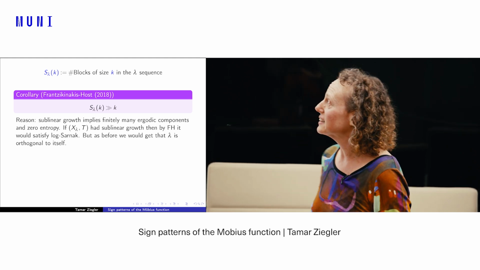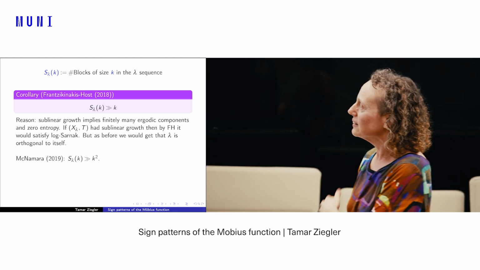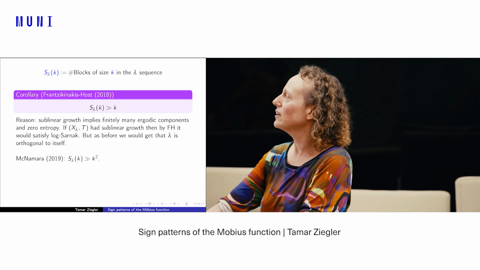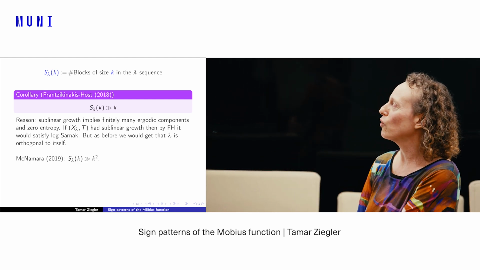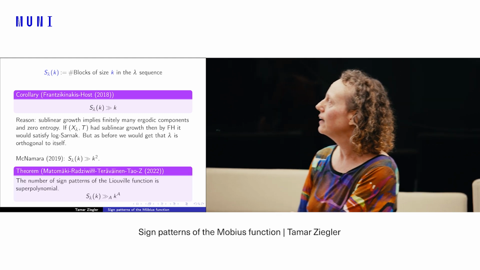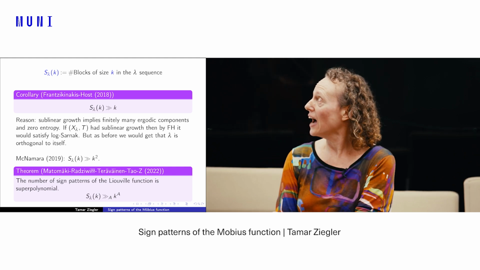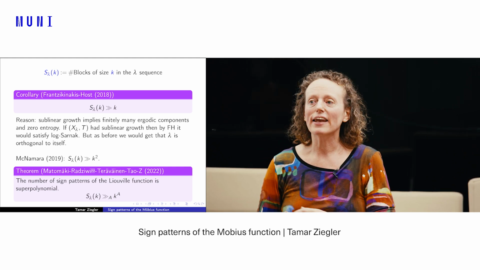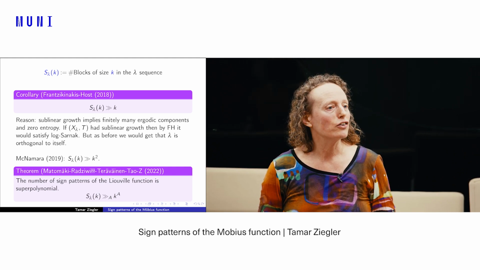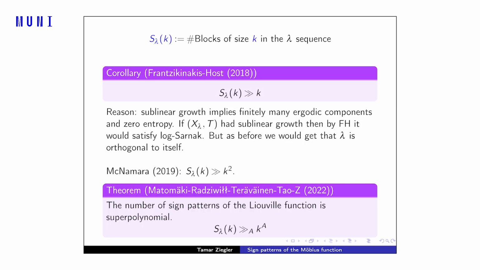This was pushed further by McNamara to show that you grow better than quadratic, and very recently, in joint work with Matomäki, Radziwiłł, Teräväinen, and Tao, we showed that you grow super polynomially. We want exponential, we're not there yet, but we grow faster than any polynomial.